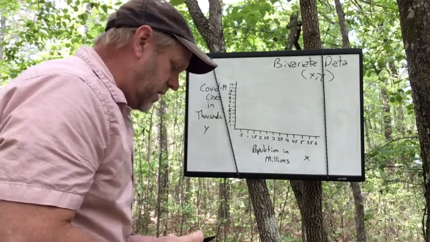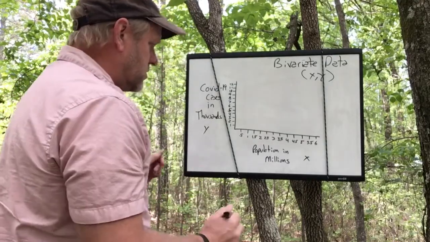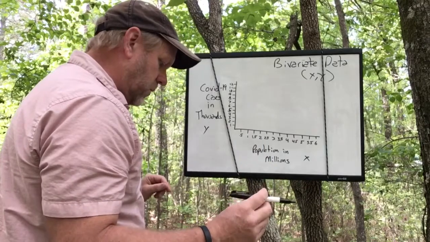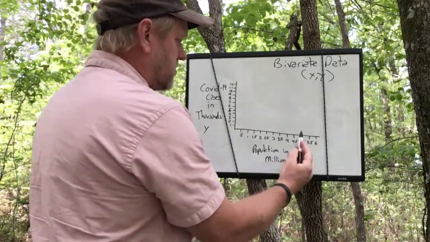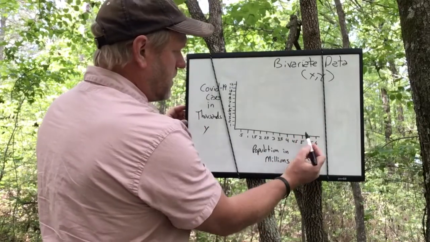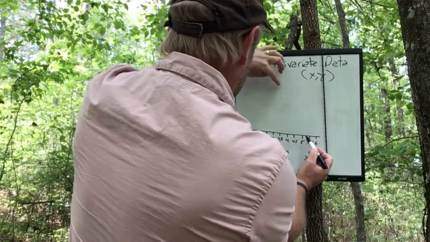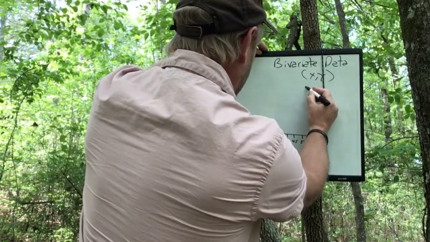So the first one is Cook County, Illinois. This is where Chicago is. Chicago has 5.2 million people and almost 11,500 cases. So 5.2 million would be here, and 11.5 thousand cases would be right about there. So I'm going to put my data point right there.